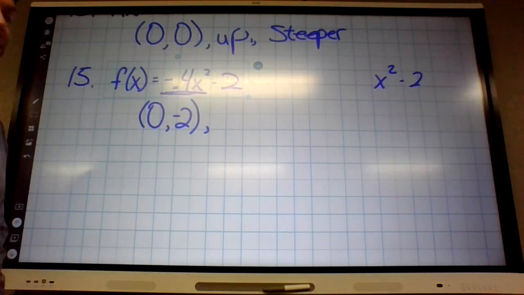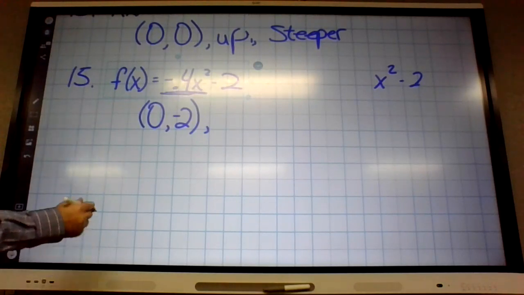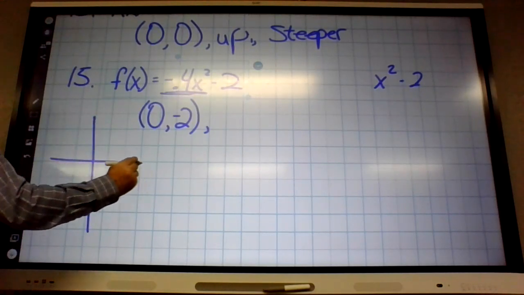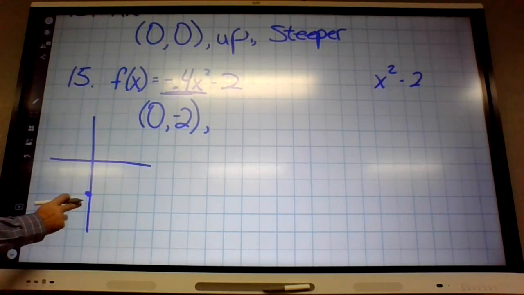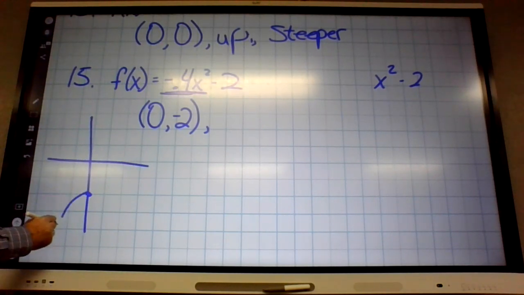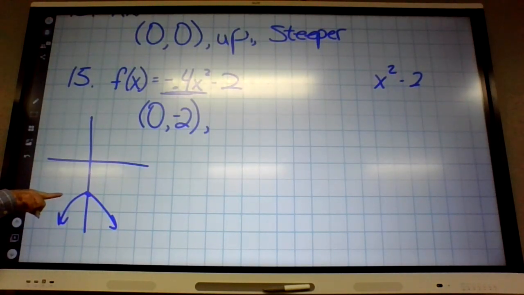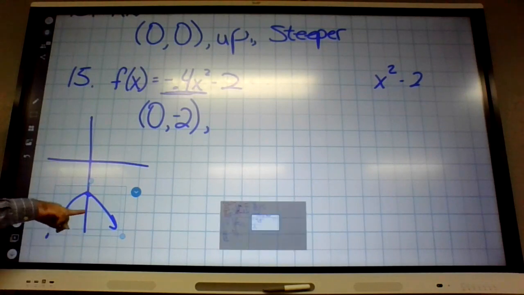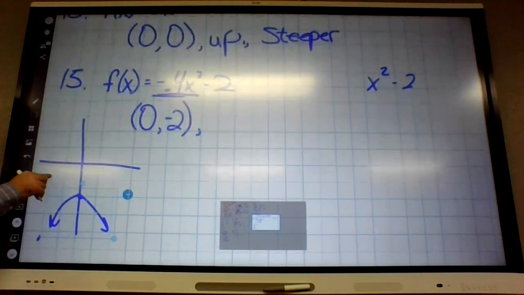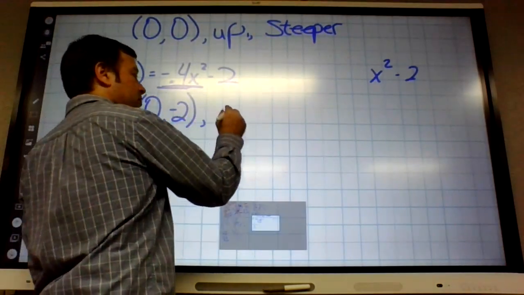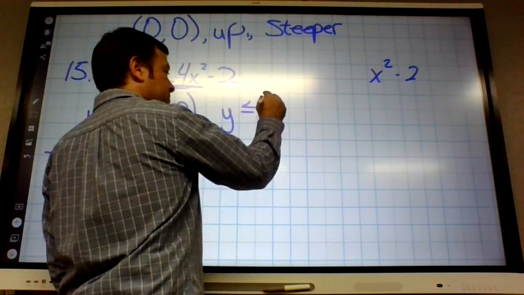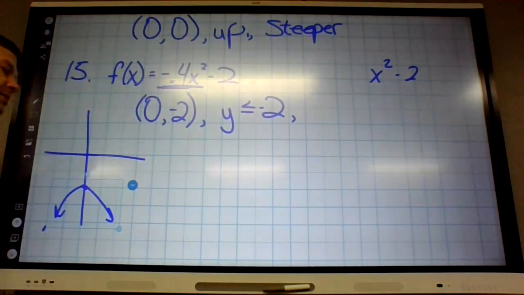Okay, range. What's the range going to be? Well, if the vertex is at (0, -2), and it's opening down, what y values must be included here? All the y values from -2 and below would be covered, right? So the range is y is less than or equal to -2.